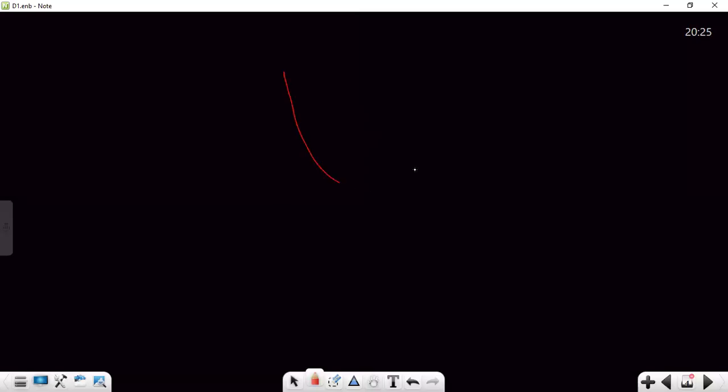Basically this shape. I'm not drawing it beautifully, but somewhat, this shape is known as a parabola. Give me a minute.